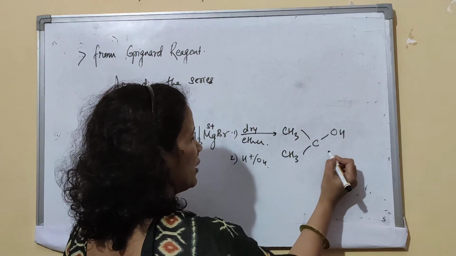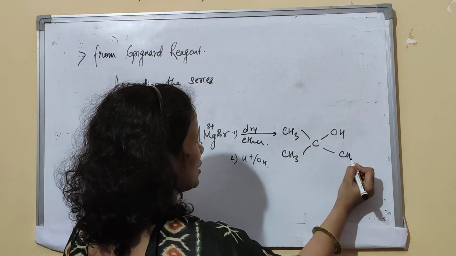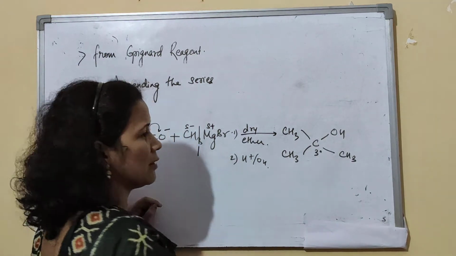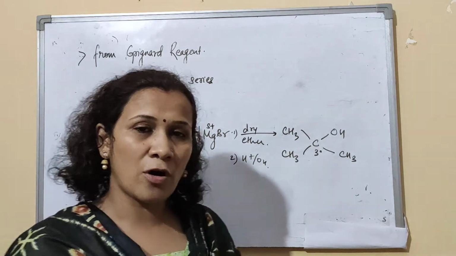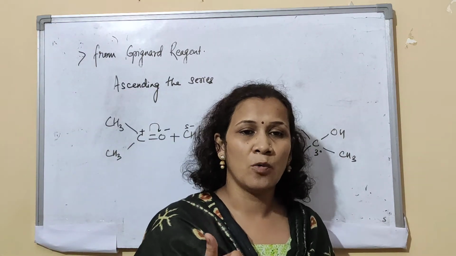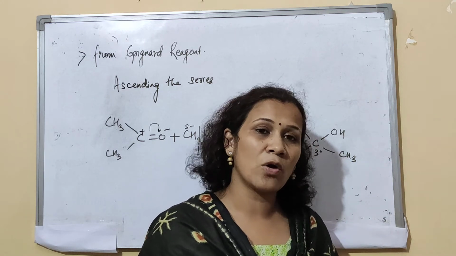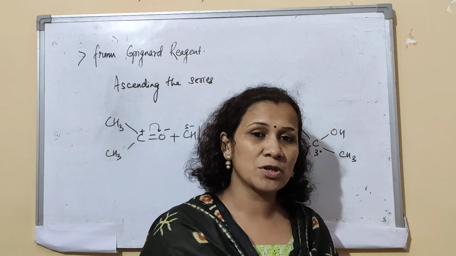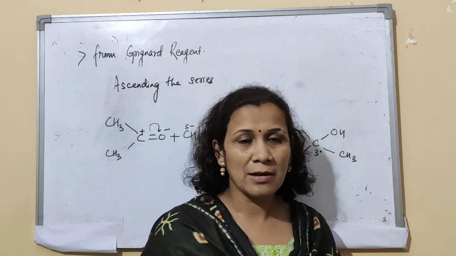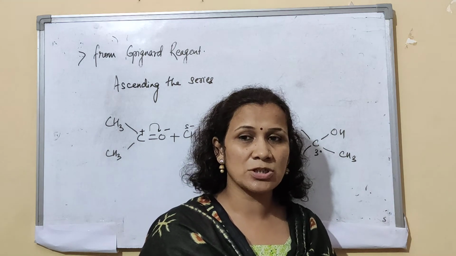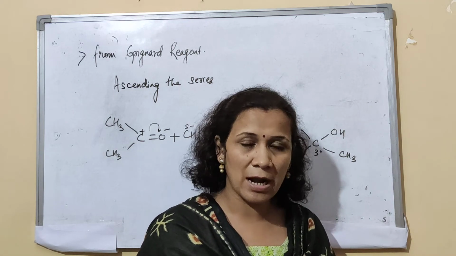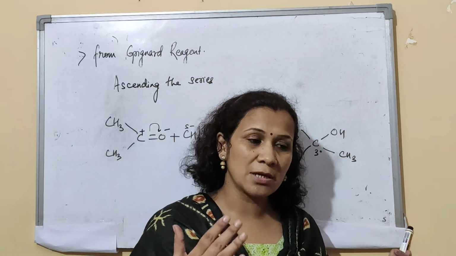This becomes OH and this becomes CH3. 3-degree alcohol. So formaldehyde gives you 1-degree alcohol, acetaldehyde gives you 2-degree alcohol, and acetone gives you 3-degree alcohol, right? So that's a very important reaction to increase the number of carbon atoms and to increase the chain.